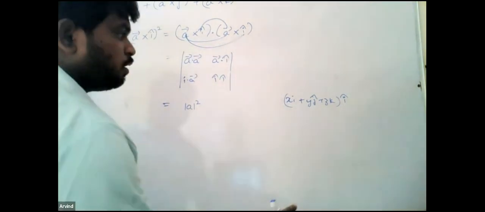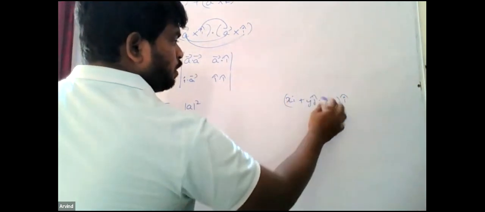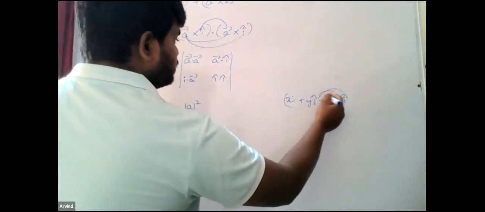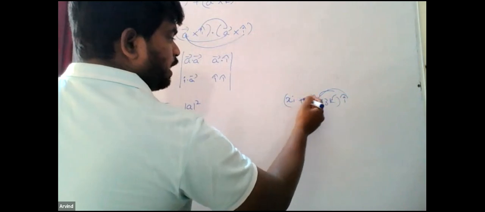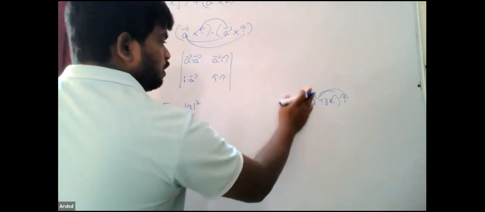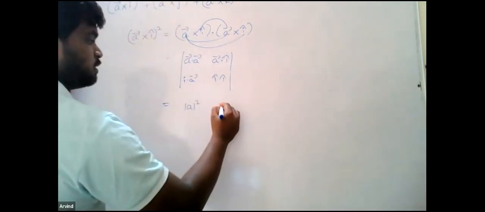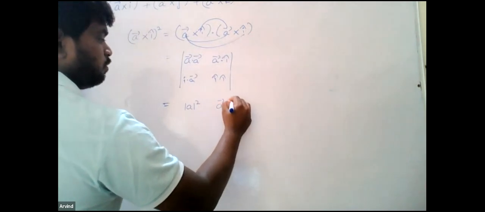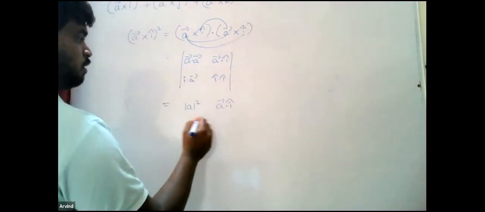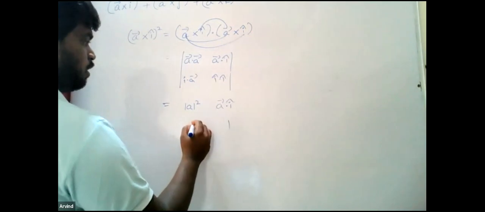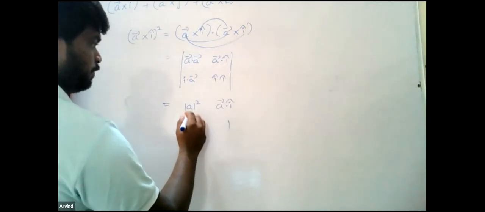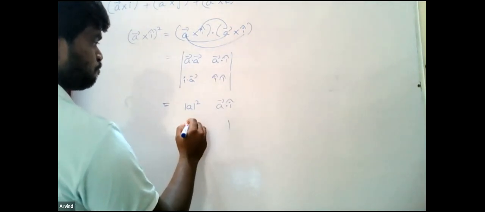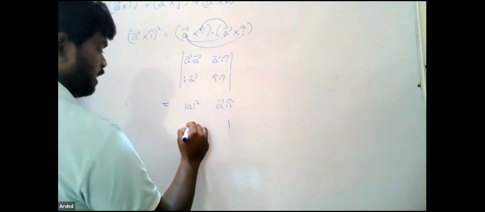What will you get? I dot J, I dot K all become 0, X I square remains. Or let's keep this as it is, because again you got the same thing here. I dot I is 1. I dot A, I'll keep it as it is, A dot I.